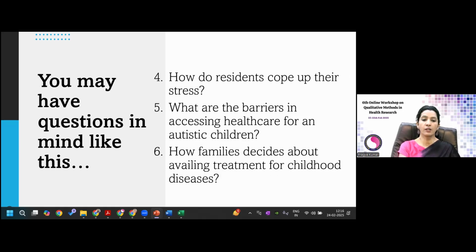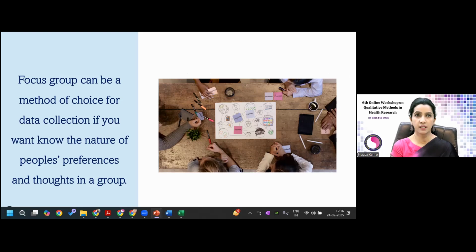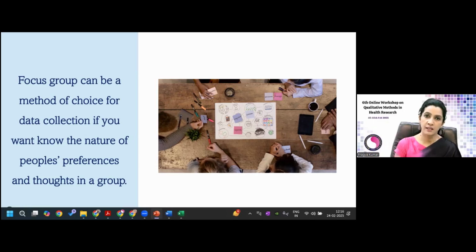In all these questions, you will see that they are asking for people's preferences, and here we are talking about a group. So if your research question involves something of this sort, then you can have a focus group discussion as a data collection method.